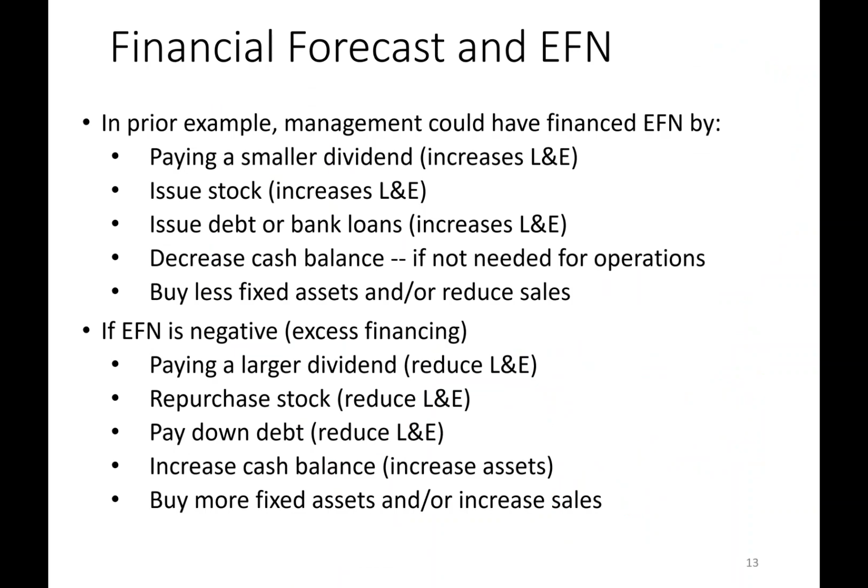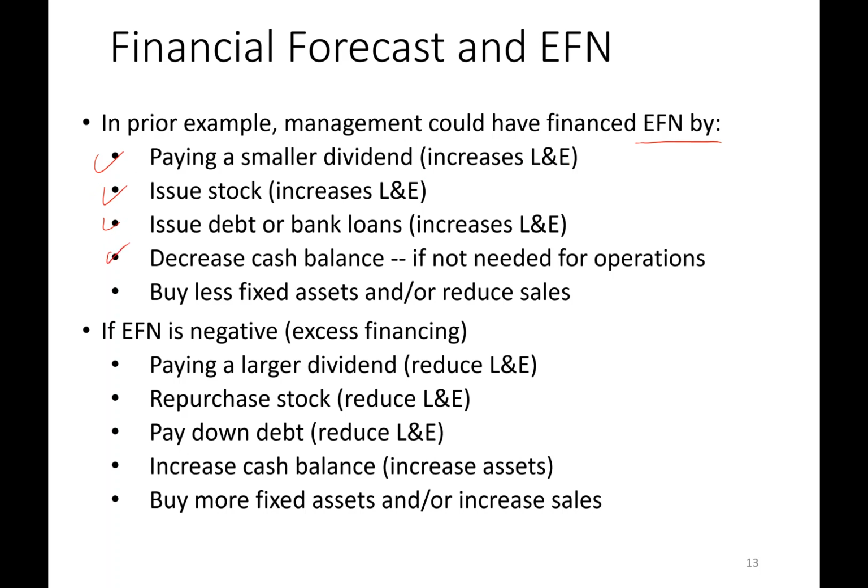Let's talk a little bit about EFN, that external funds needed, that difference between assets and liabilities and equity. So in the example we just did, the company, to finance that EFN, could pay a smaller dividend, which increases the L&E. It could issue new stock. It could issue debt or bank loans.